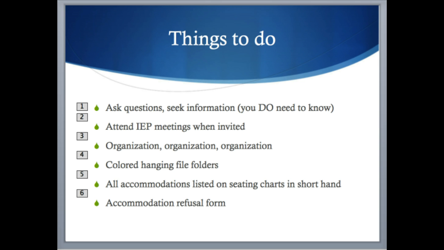And so that was a way for me to have a record that the student, for example, who had a separate setting testing accommodation, said, no, I don't want to go to a separate setting, I just want to take the test here. I had a record that indicated that that was the student's choice and not my failure to provide the accommodation.